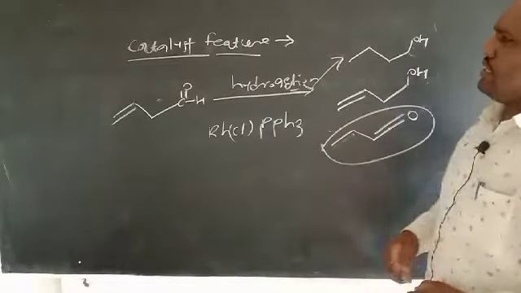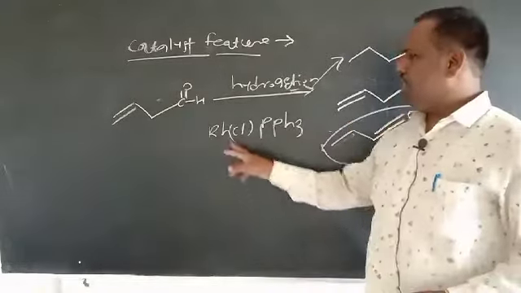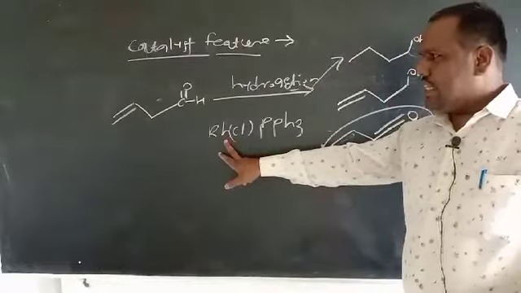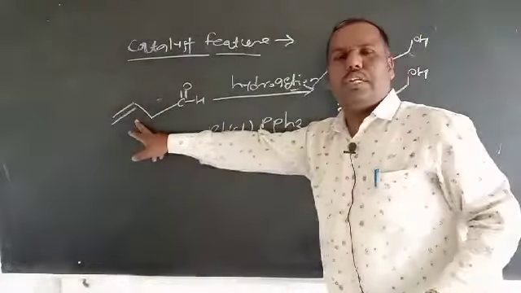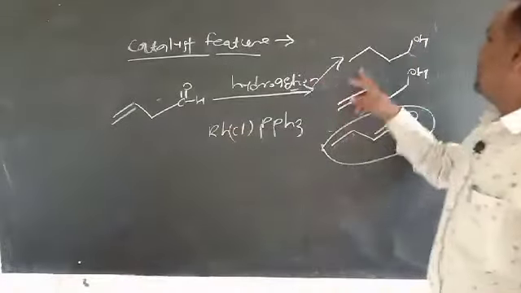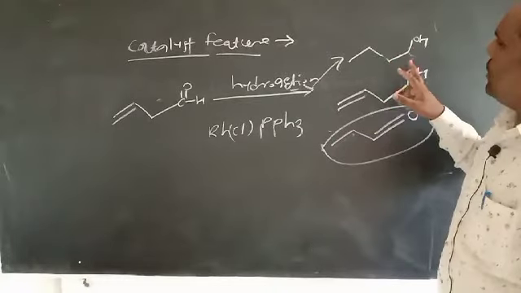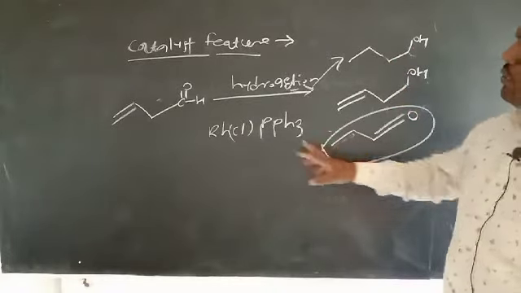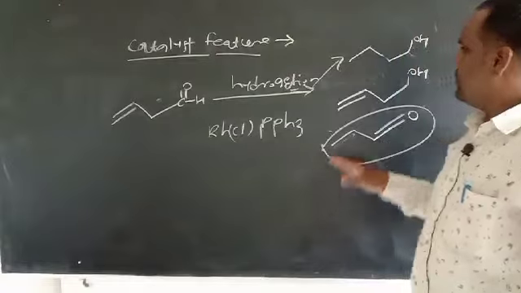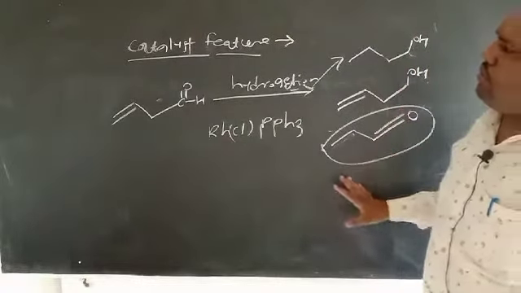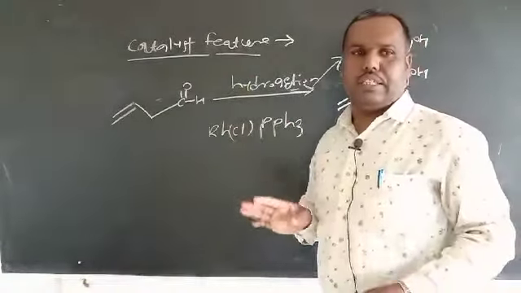This is called the selectivity of catalyst. So in presence of Wilkinson's catalyst, only the carbon-carbon double bond gets reduced and the other products will not form. This is called chemoselectivity.